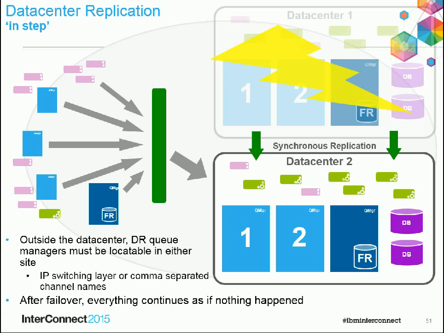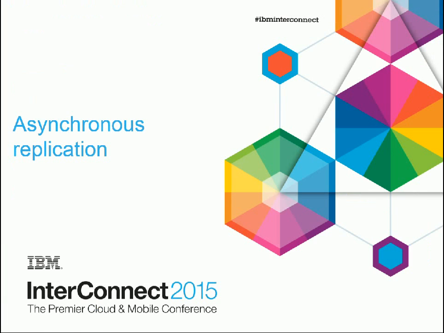You could be using comma separated lists, a bit like you would for multi-instance queue managers, to say all these queue managers could be running either in data center 1 or data center 2, but that's probably less likely. The point is, this is quite simple to do because all you're doing is really moving the queue managers from one place to another. There's no loss of knowledge or state in doing that moving, which is different to the asynchronous replication that we're going to look at now.